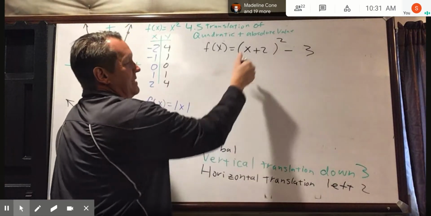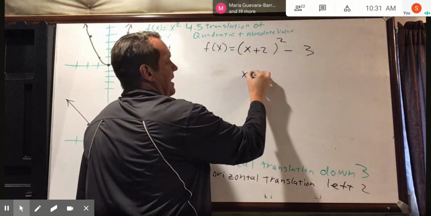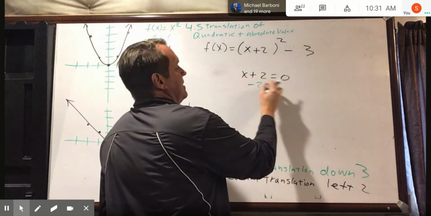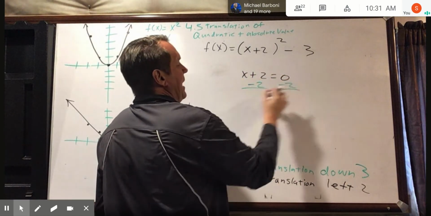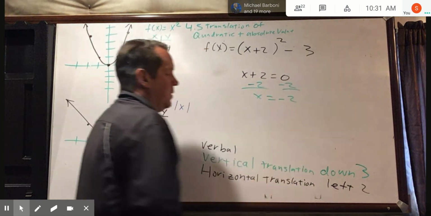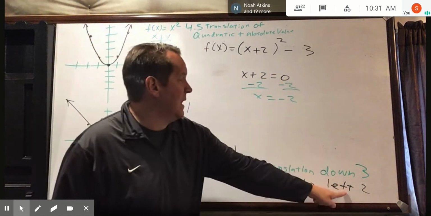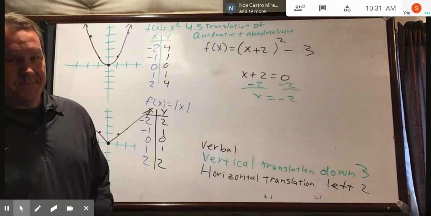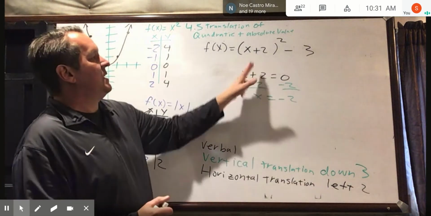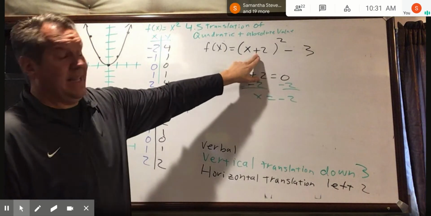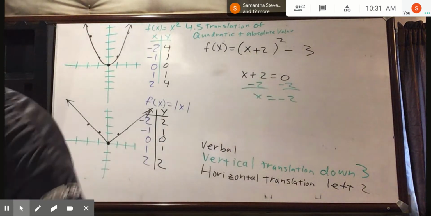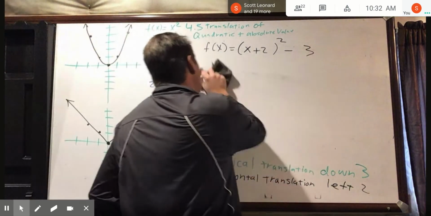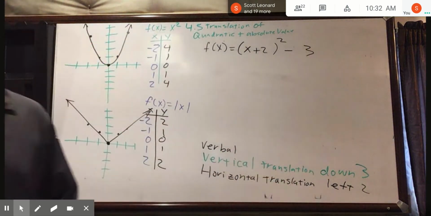If I take what's inside of here and I set it equal to 0 and solve it, to get it to the other side of the equal sign, I would get x equals -2. That's what is causing it to go left 2. It's by setting that thing equal to 0 and solving. You do not need to do this. You just need to realize, hey, take the opposite there.